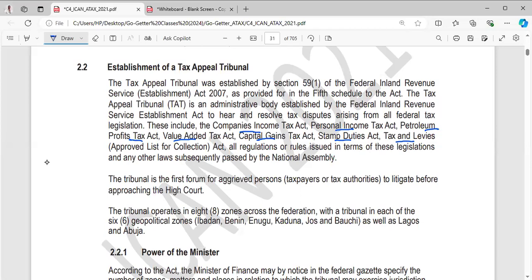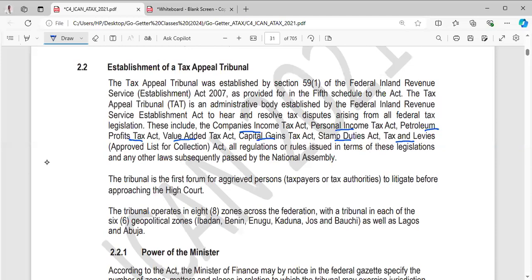It could also be that the tax authority will be the one to go. He who goes there is the plaintiff, then you are the accused that is being dragged.